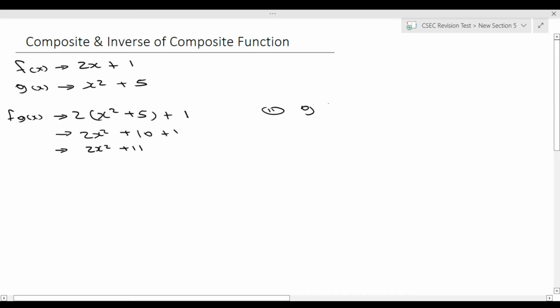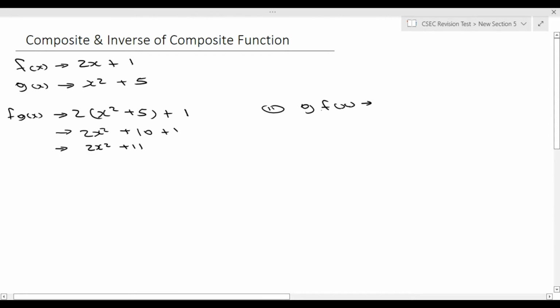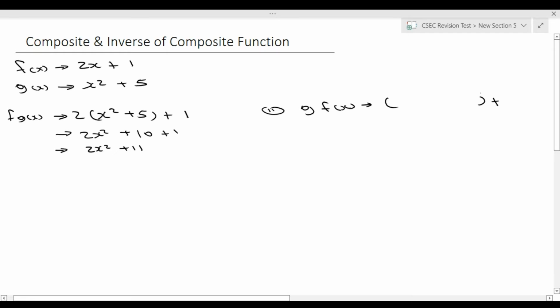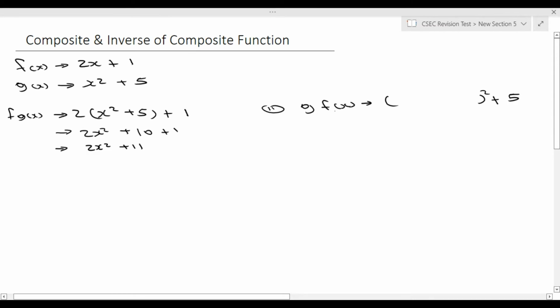Looking now at our g of f of x. Our g function, which is x squared plus 5, will be the main function in which we will square it, and we will substitute our f function into our g function. So our f function is 2x plus 1, and we see this is being squared.